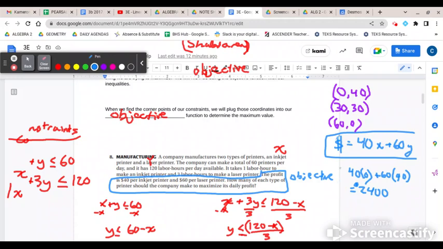Next, 30, 30, so let's try that. We have 40 times 30 plus 60 times 30. 40 times 30 is 1,200. 60 times 30 is 1,800. So that would profit us $3,000.